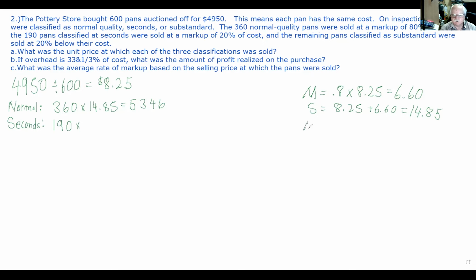So let's figure that out. Markup equals 0.2 times 8.25. So that's 1.65. So S equals 8.25 plus 1.65.